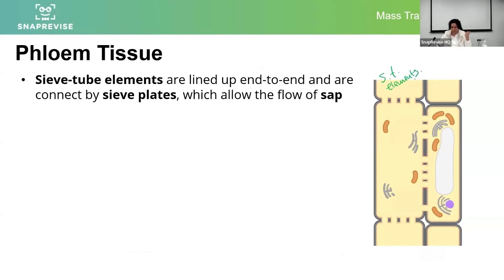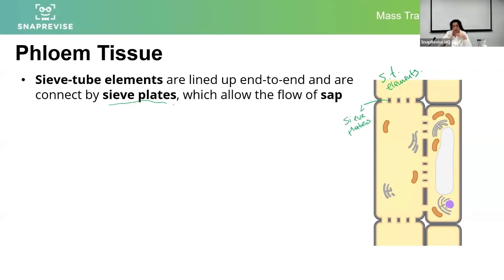So one element is one cell. They are lined up end to end, and they are connected by sieve plates. So these here are the sieve plates. What are sieve plates? Basically, they are the end bits of the cell, so where one cell would separate from the next, but they are perforated.